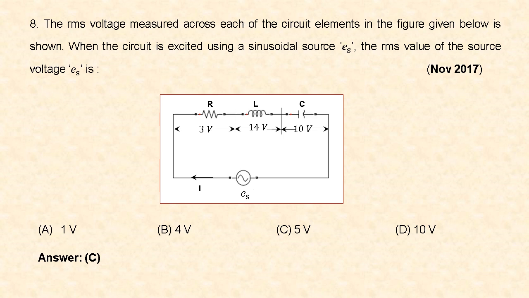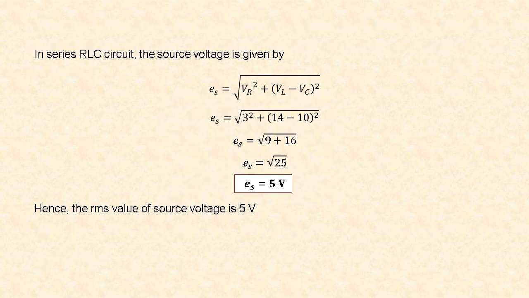Let us see how we got this. In a series RLC circuit, the source voltage is given by ES is equal to square root of VR square plus the square of the difference between the voltage across the inductor and capacitor, whichever is greater. Here VL is greater, so VL minus VC the whole square.